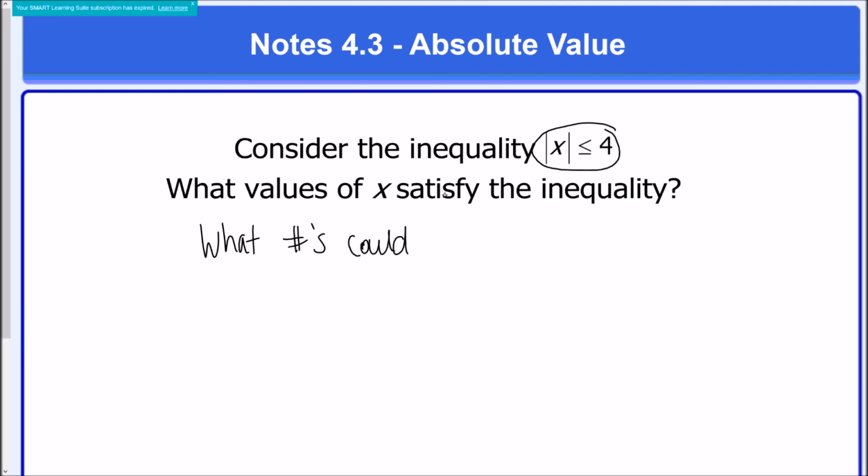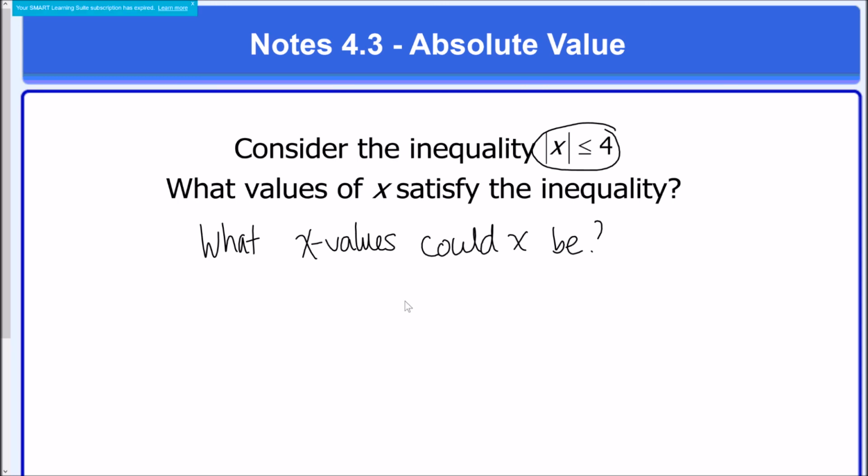Once you get to this point, I'd like for you to please discuss with the people around you some values of x, and then consolidate that and try to summarize what x could be, and then come back to me to see how to formally write your answers out, okay?